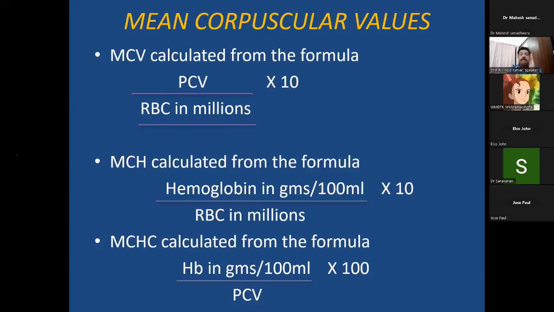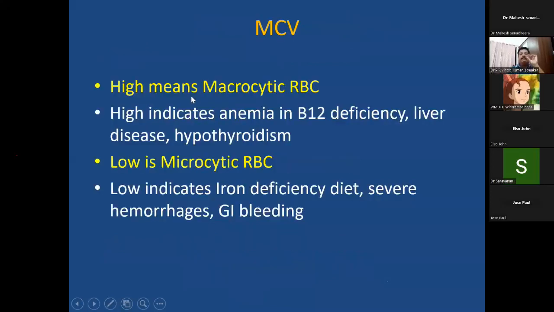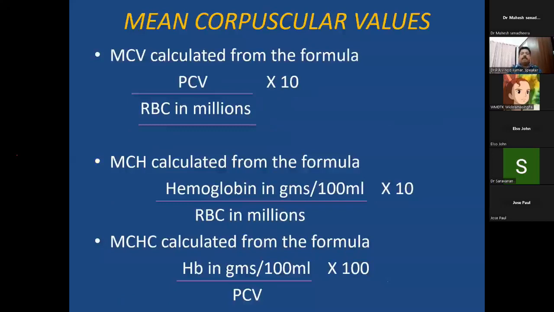Just listen very keenly to me. MCV means it is a ratio between the PCV and the RBC. That is PCV divided by RBC. So the volume of the individual RBC can be detected by this formula. That is the mean corpuscular volume.